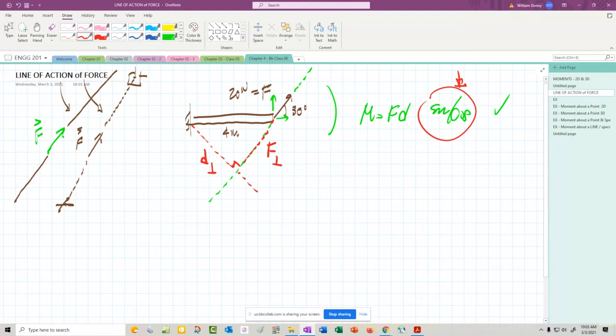If that's a 30, that makes that 30. That makes that 60. We can find this angle from 4 cosine of 60 degrees. So instead of sine and cosining the force, we can sine and cosine the distance.